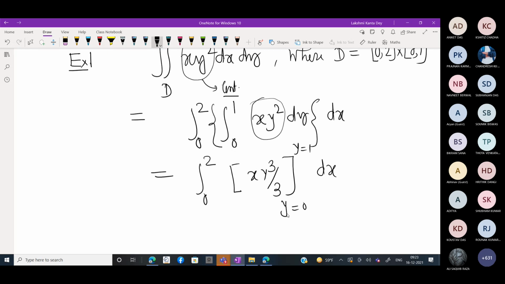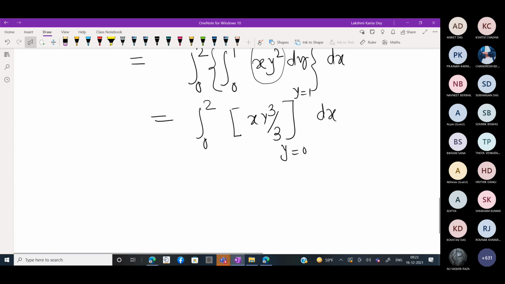Because only we have to put the values for y. And here x is regarded as constant, y we integrate. The integration of y square is y cube by 3. So this is 0 to 2, and if we do it, x by 3 minus 0.